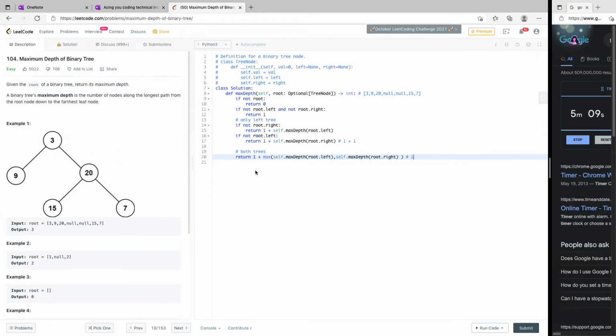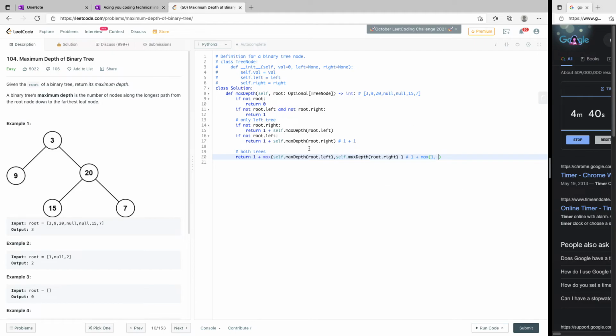Then it goes to the left, which becomes the new root. This one has no left and right, so it returns 1.